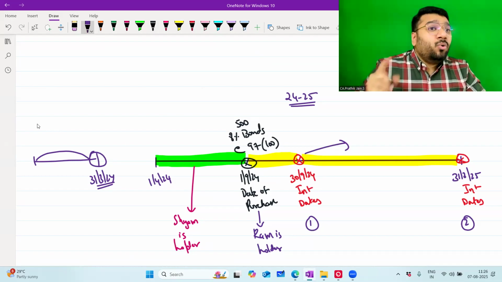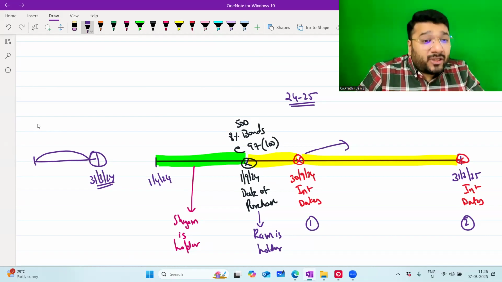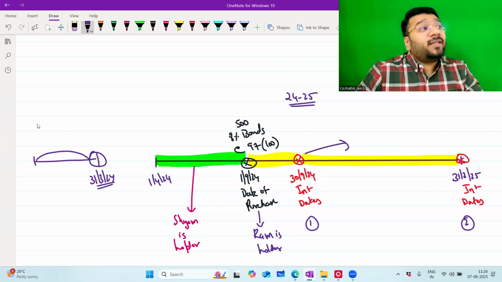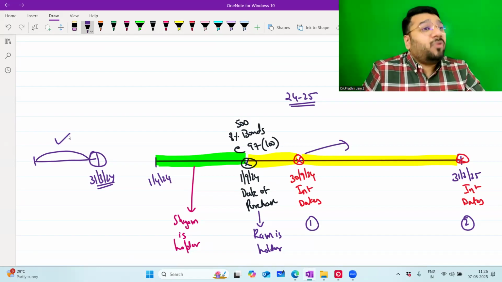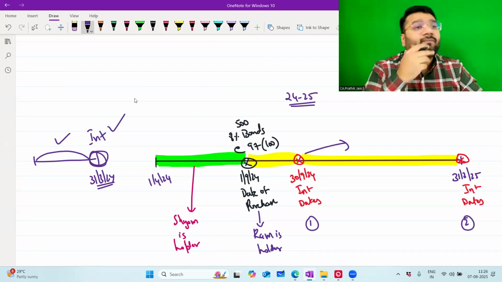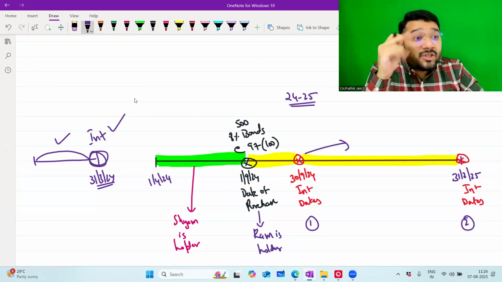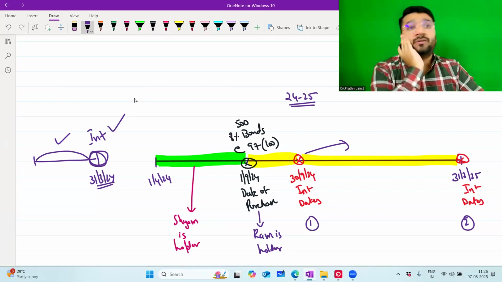Whose money was the company enjoying? Sham's money. Can the company enjoy that money free of cost? No. For enjoying that money, they have to pay interest. So whatever amount Sham gave to the company, for whatever period, up to 31st March he already got interest. Yes or no? Yes. Which means up to 31st March 24, for whatever investment Sham has done in that company, he's already got the interest.